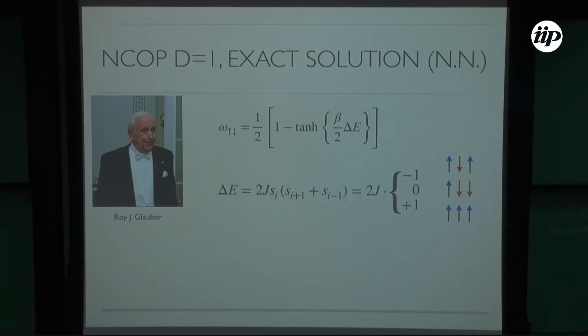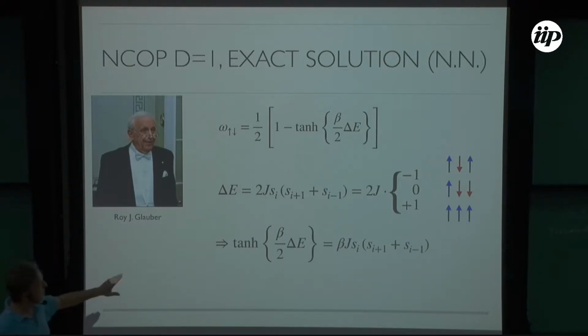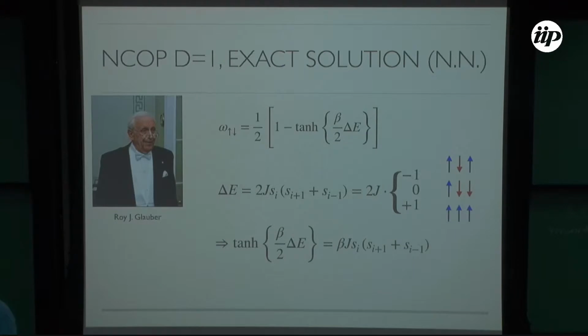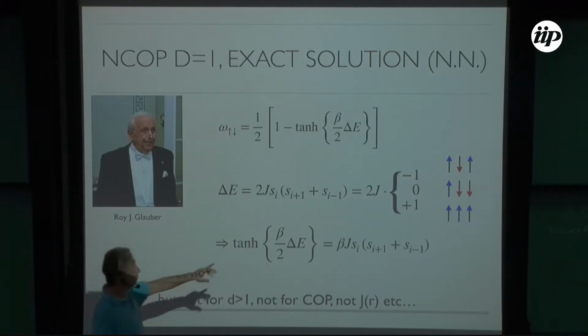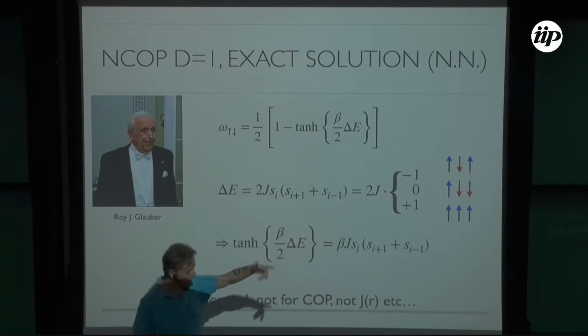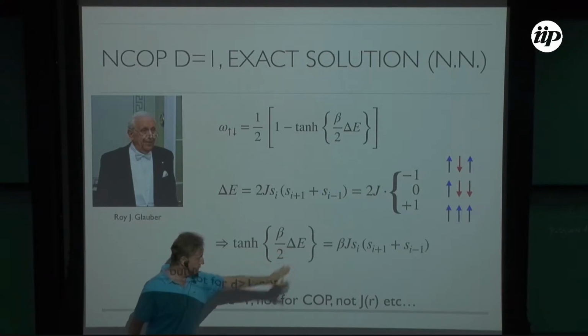For this reason, the non-linearity of the problem, which is that hyperbolic tangent that you see there, becomes exactly a linear function of the spins, and this allows you to solve the problem analytically. But of course, you cannot do that in D larger than 1, because you don't have only 3 possible values of variation of energy. There are more, so you cannot fulfill this program.